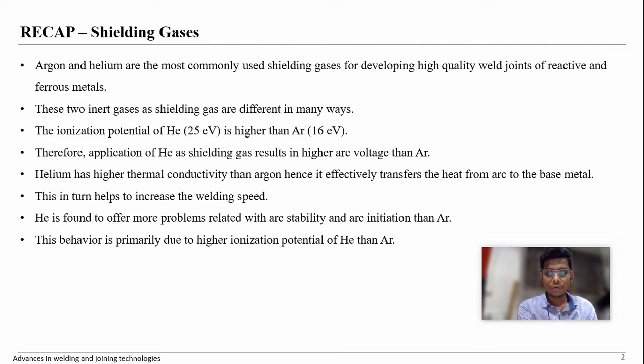So if you have a choice to select argon or helium, then we need to look at these factors, which I will be explaining now. Basically, the ionization potential of helium is 25 electron volts, and the argon ionization potential is 16 electron volts.